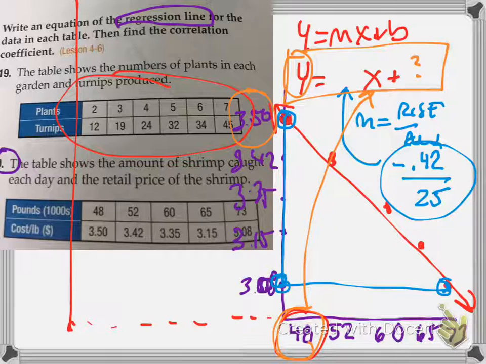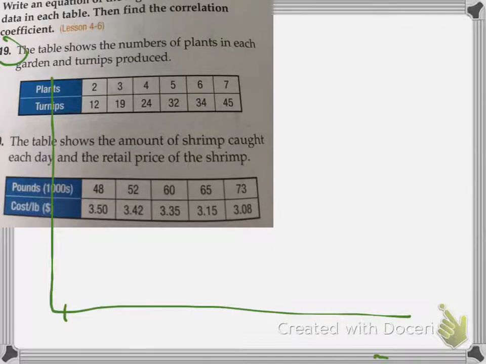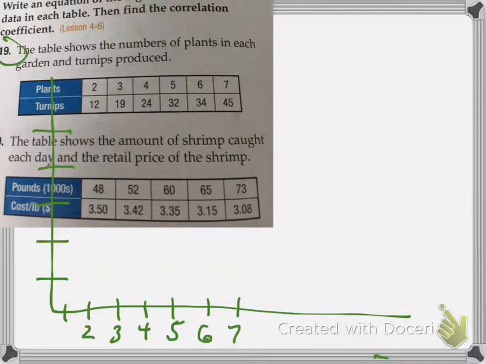So I'm going to go back and do number 19, because I think those numbers are a little easier to follow. Looking at 19, we're going to plot this stuff. Here we have 1, 2, 3, 4, 5, 6, 7, and then 10, 20, 30, 40, 50.